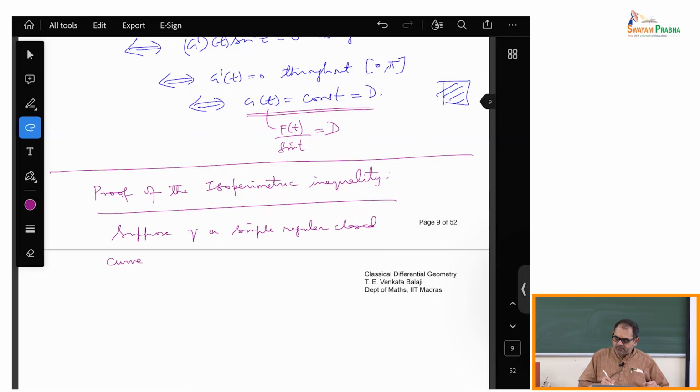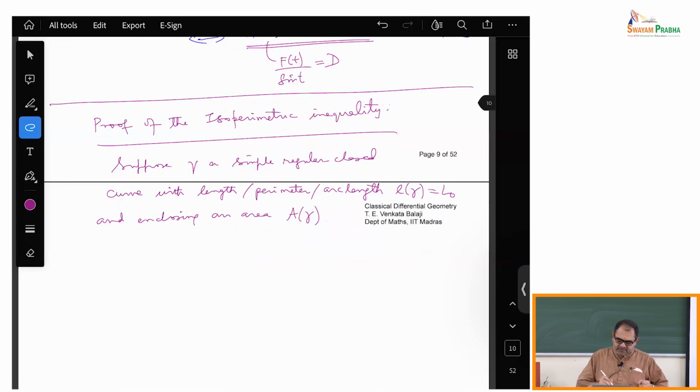Okay, so with length, or perimeter, or if you want arc length, L of gamma, which is some L naught. Okay, so the point is the length of the perimeter is fixed, okay, and enclosing an area A of gamma.